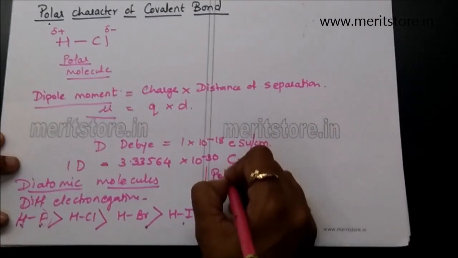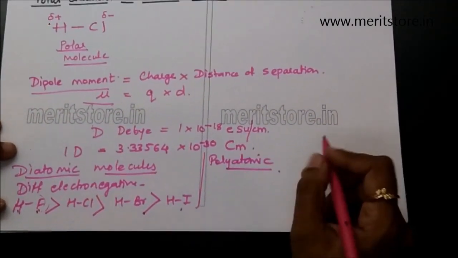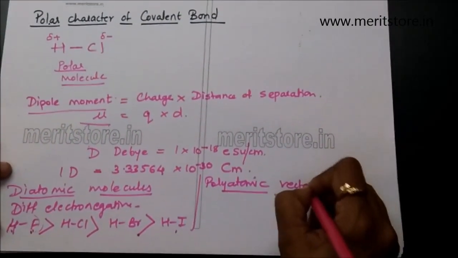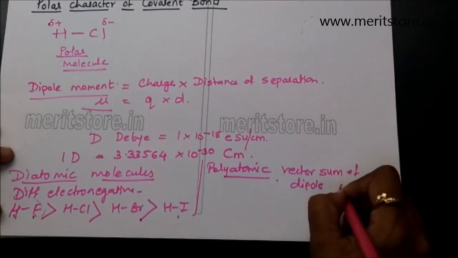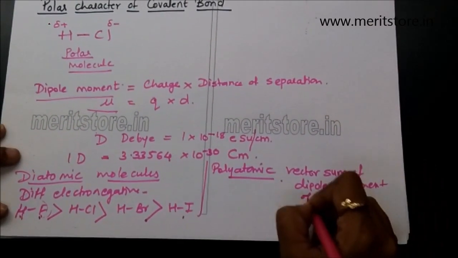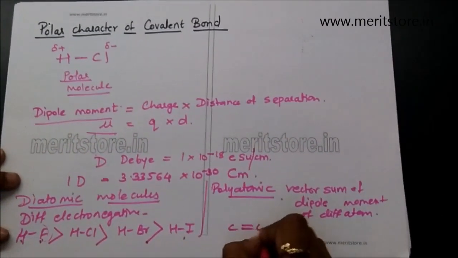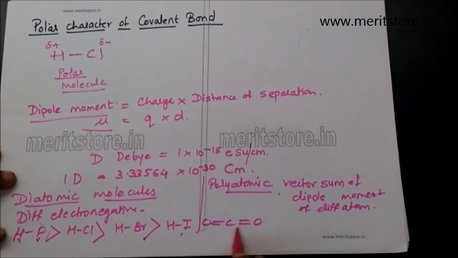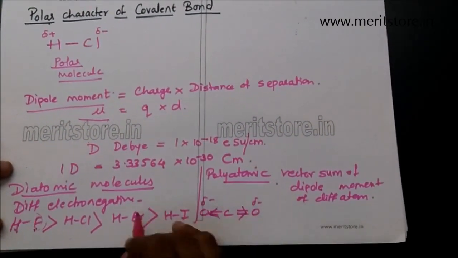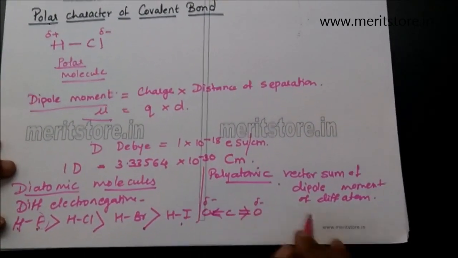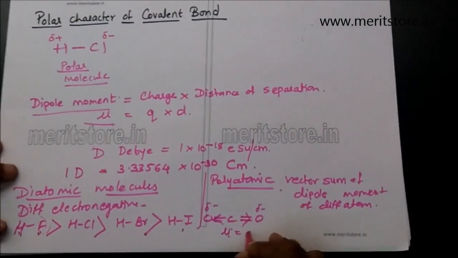But when I talk about molecules which are polyatomic in nature, the dipole moment will be decided by the vector sum of the dipole moments of different atoms. For example, if you have a molecule like carbon dioxide, which is a linear molecule, the oxygens are electronegative, but carbon is experiencing the dipole moment pull from both ways equally, and that's why the total dipole moment on this molecule will be equal to 0.